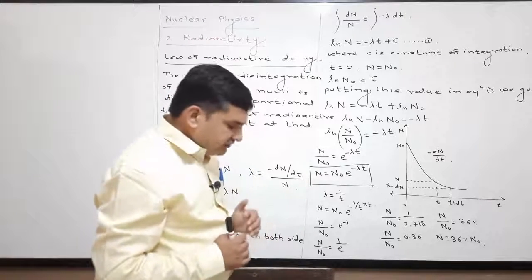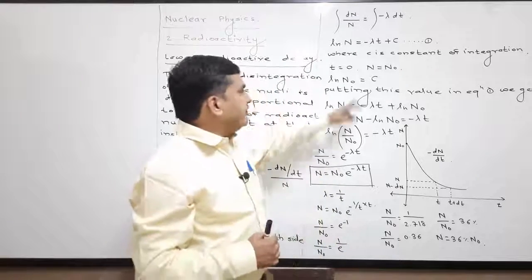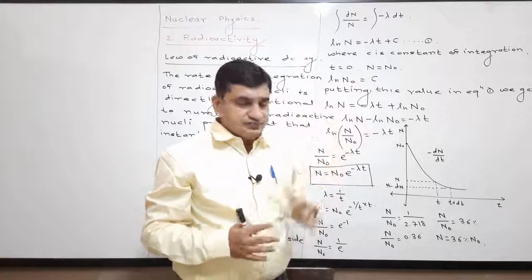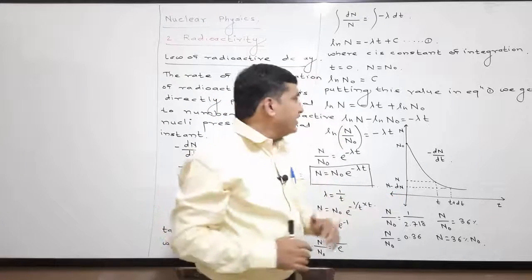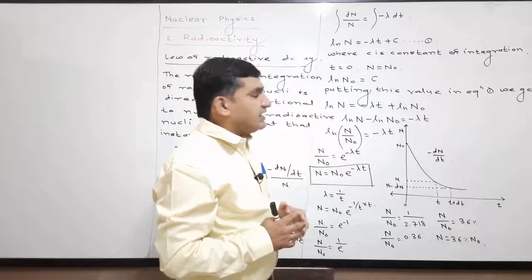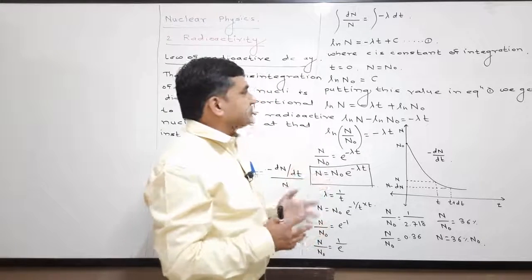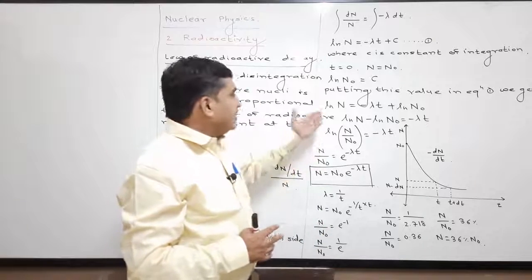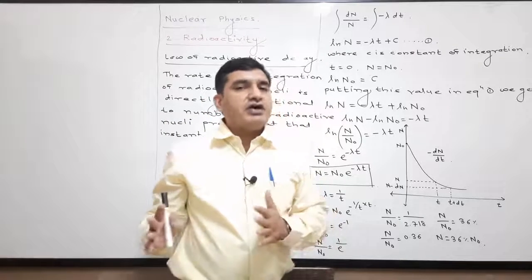If we consider when time t is equal to 0, that is the initial time, the number of radioactive nuclei N is equal to N0, there is no disintegration of radioactive nuclei, and therefore ln of N0 is equal to c. Putting this value in equation 1, we get ln of N is equal to minus lambda t plus ln of N0.